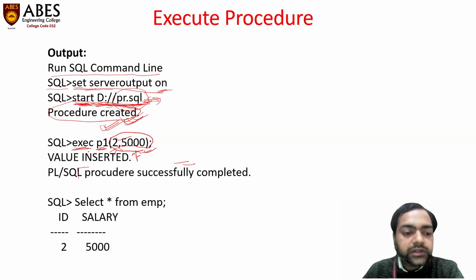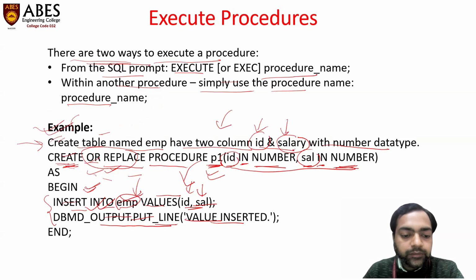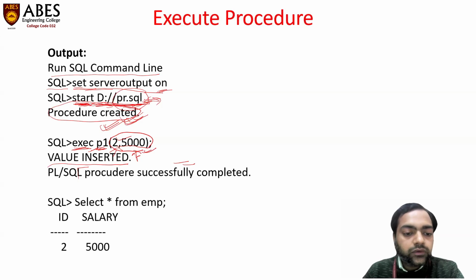So whenever we execute this statement, the output we get is value inserted, because in this example we have shown that if this step executes successfully, then this will be printed onto the screen. So after you execute this statement, this value inserted will be printed onto the screen, right? And you can also check whether the values have been inserted into the table or not.